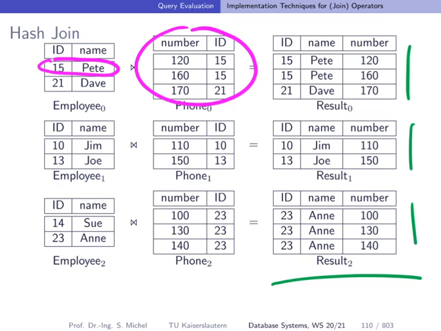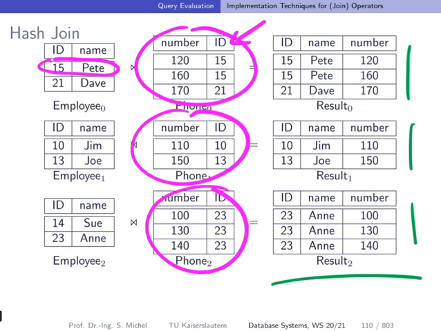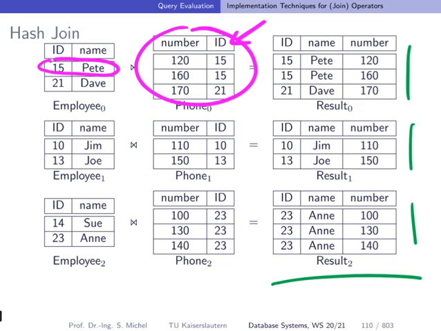But if there's a join partner in the initial phone table, it has to be exactly here, right? In this circled partition of the phone relation. It cannot be here and it cannot be here. If it was here or here somewhere, then 15 and Pete would not find this join partner, hence the result would not be correct.